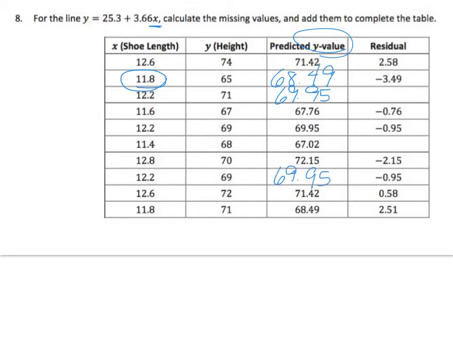And then I'm going to take the actual height minus the predicted height and get the residual. So 65 minus 48.49 is given. 71 minus 69.95. 68 minus 67.02, 69 minus 69.95 given. That's it, the table's full.